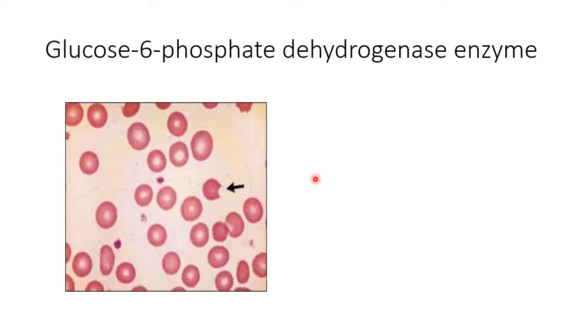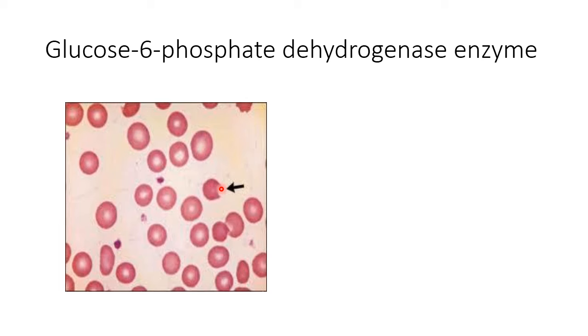We can see the bite cells in the peripheral smear, typical as if someone has taken a bite of the RBCs. Moreover, Heinz bodies will also be seen in the erythrocytes of patients having G6PD deficiency.